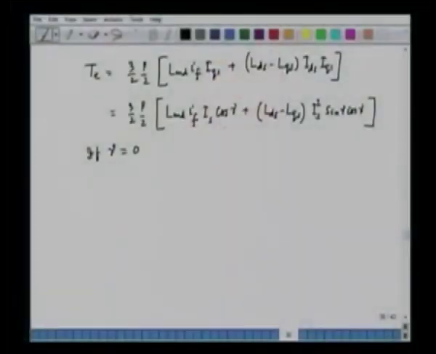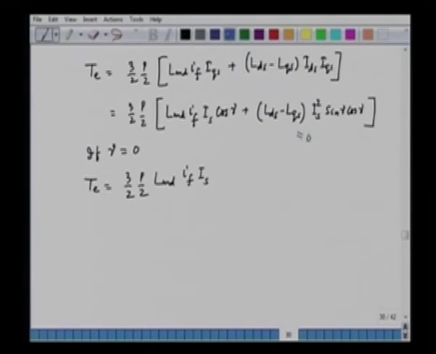We will see that cos gamma is equal to 1 and sin gamma equal to 0. So we can see that Te is equal to 3 by 2 into P by 2 into LMD into IF into IS, and the second term vanishes. This term becomes equal to 0.